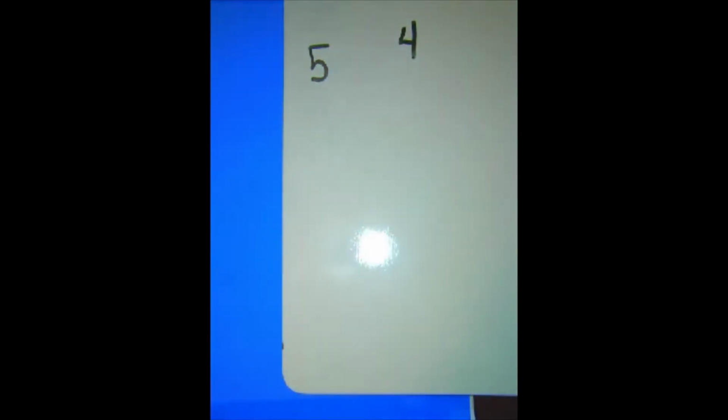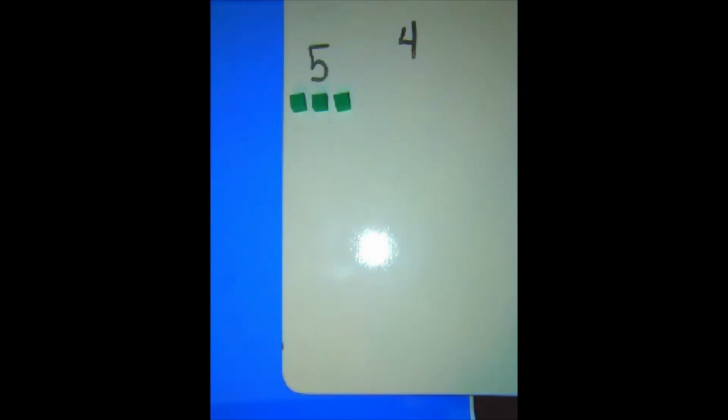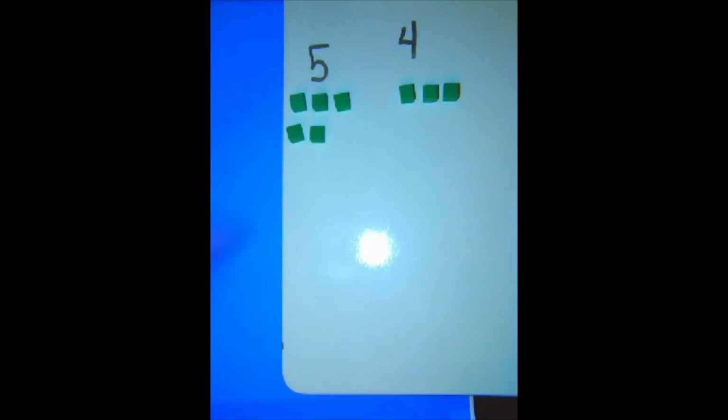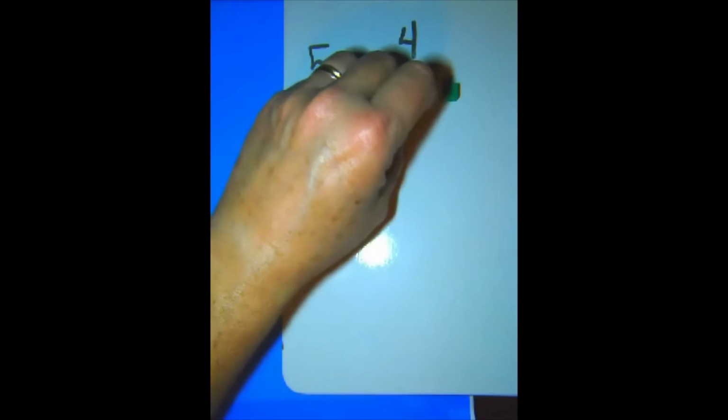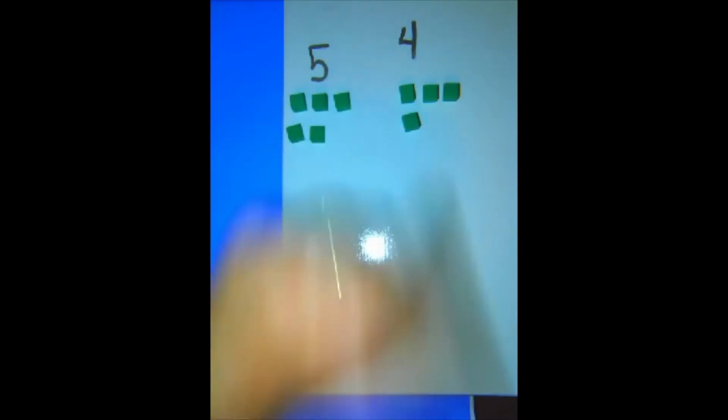And because of numerical fluency, we should be able to represent them with words and then also with objects and with symbols. And so as I represented these two numbers using the objects, we made use of our subitizing and chunking because, again, we want our students to be able to recognize that a 4 will look like this when we're dealing with ones.